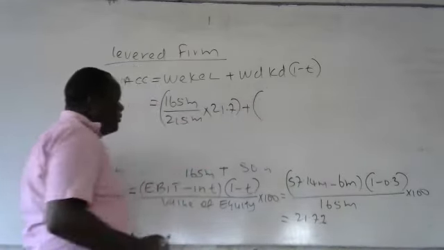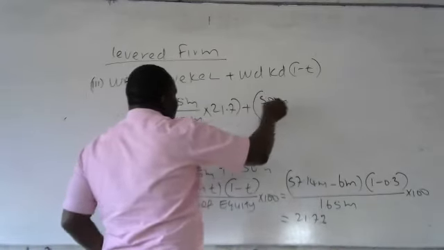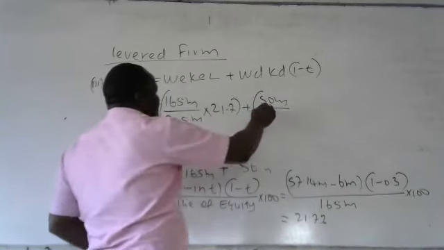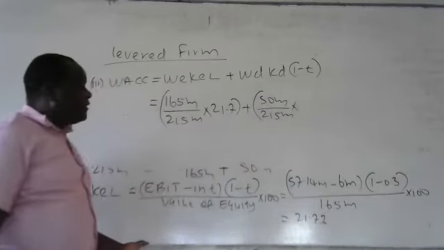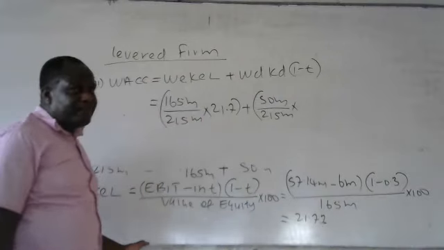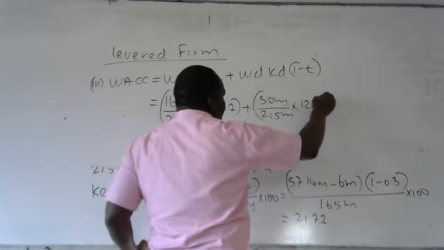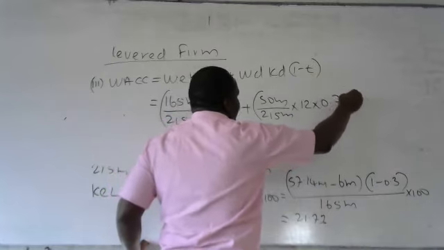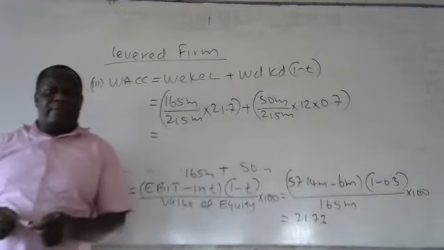Then the weight for the debt should be what? Then we also divide by what? So Kd is now the interest rate, which is which value? It was 10%. 12. So also multiplied by 0.7. Then we come up with the value for it.